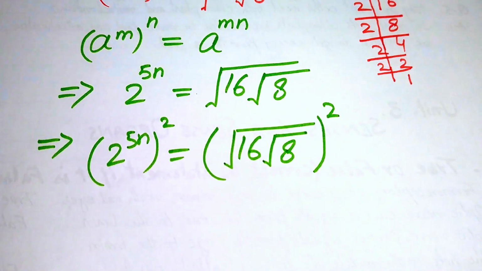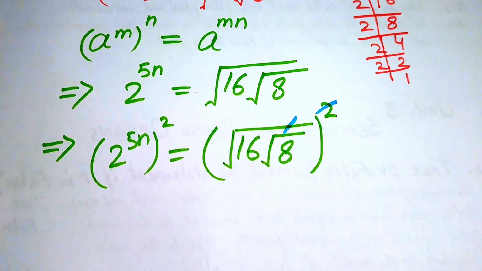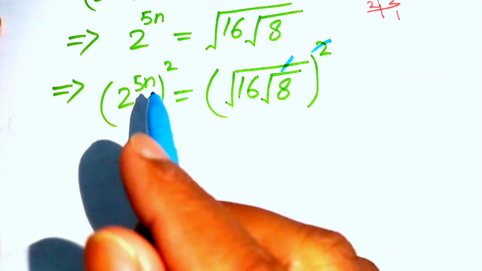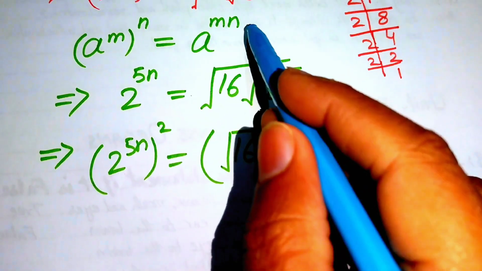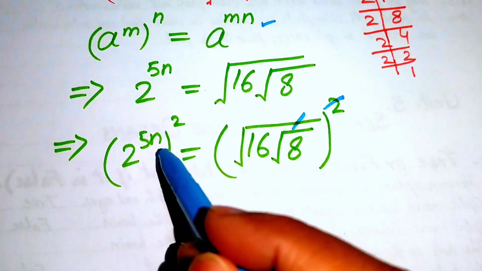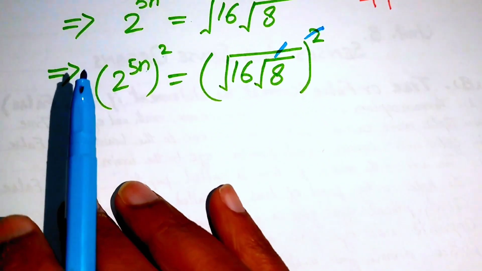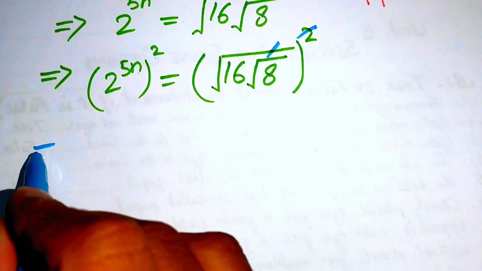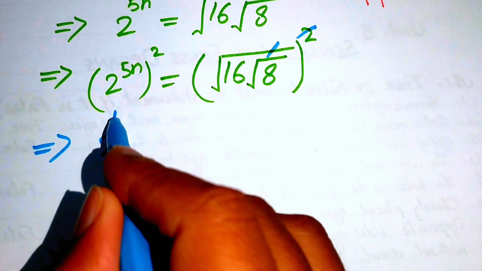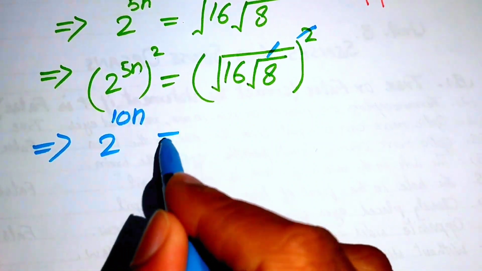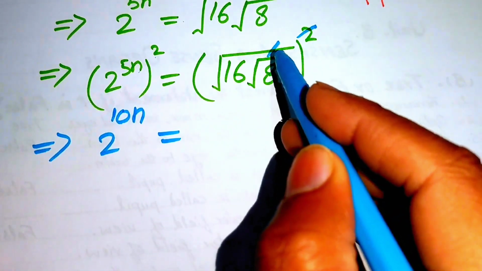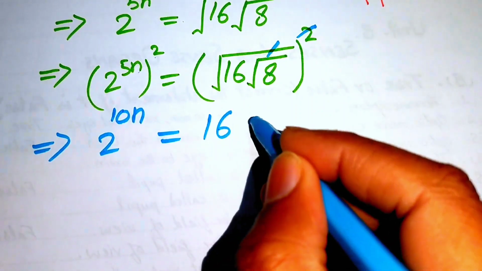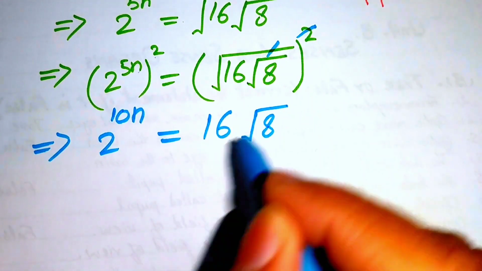After that we cancel this square and square root, and we again use this exponential law, and according to this law we multiply these two exponents and we get 2 to the power of 10n equals, here we cancel the square root, 16 times square root of 8.